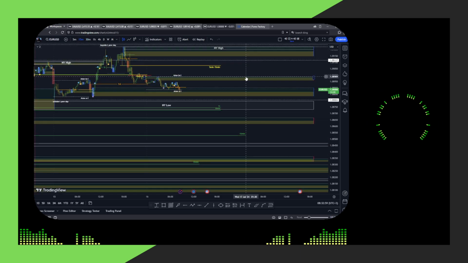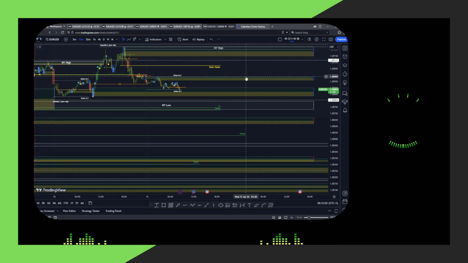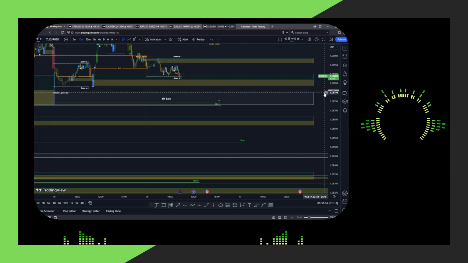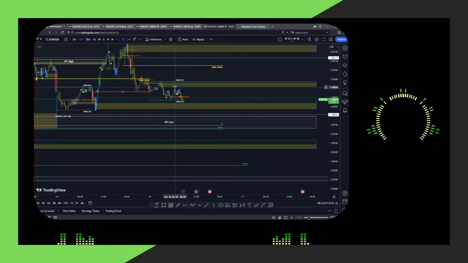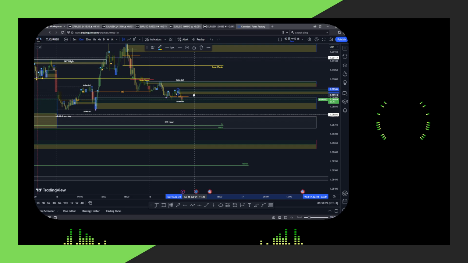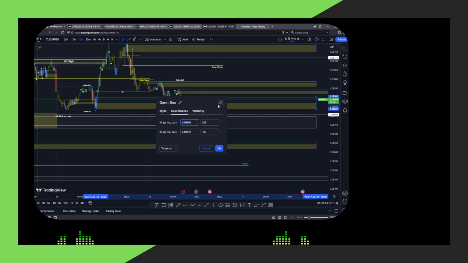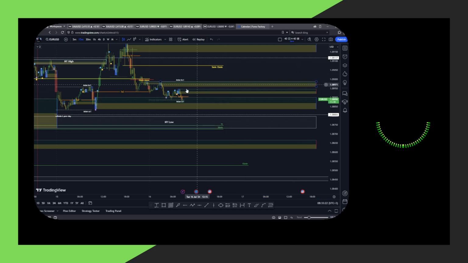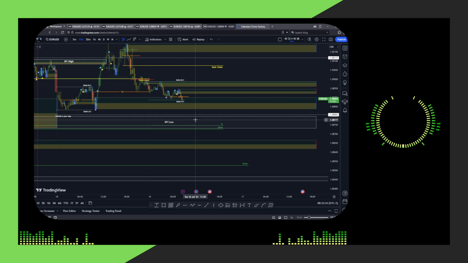About the 15 minutes. Over the 15 minutes, we are seeing the break of levels upon levels. What do I mean? This demand zone that was formed here earlier during the Asian session was supposed to hold the price up, but unfortunately we are seeing it being broken.